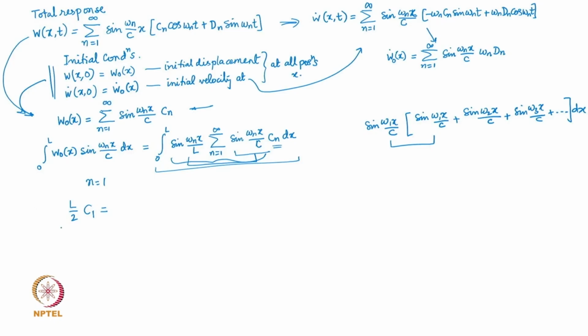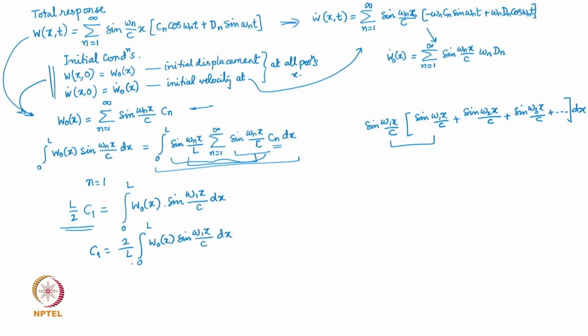the right hand side is this value, and the left hand side, which I will write here as integral 0 to L w naught x sine omega 1 x by c dx. Okay, and so I can write this C1 to be equal to 2 over L integral 0 to L w naught x sine omega 1 x by c dx.